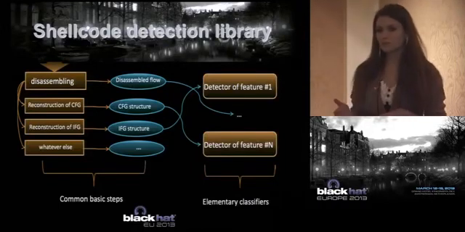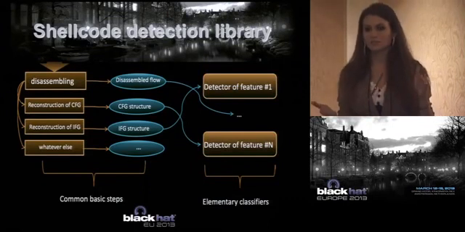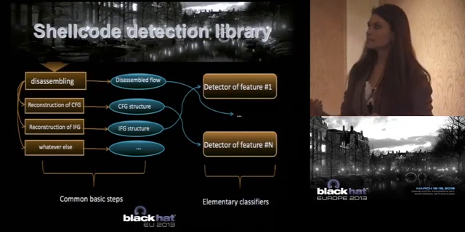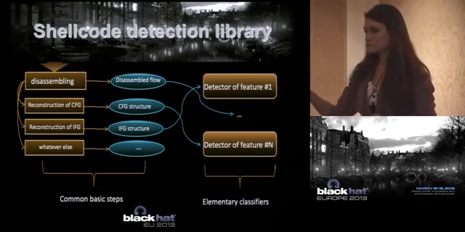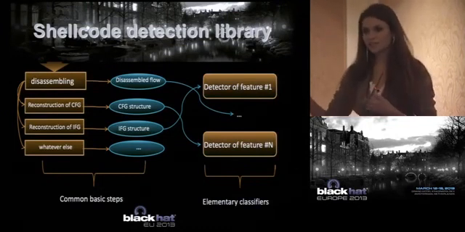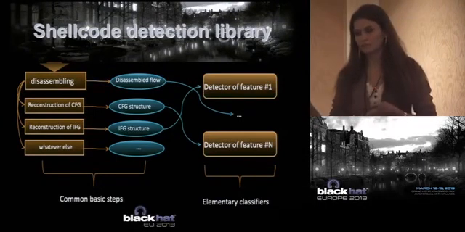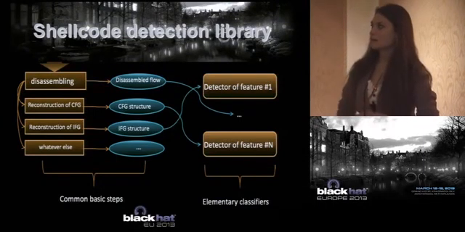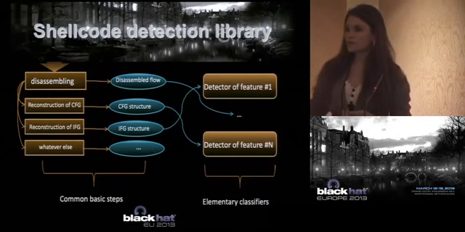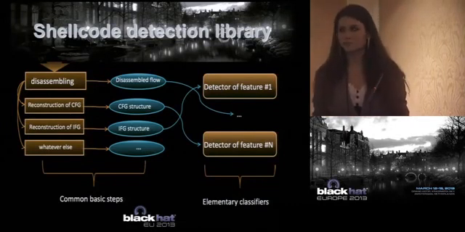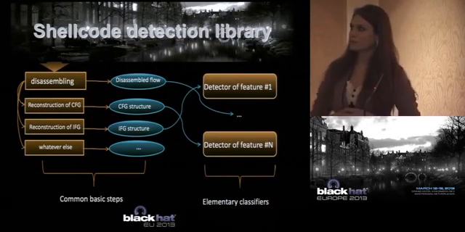First of all, we took several existing shellcode detection algorithms and tried to decompile and decompose them into the simple heuristics which they try to detect during their analysis. Unfortunately, we can't implement everything we found, so we have several algorithms that we implemented and decomposed.